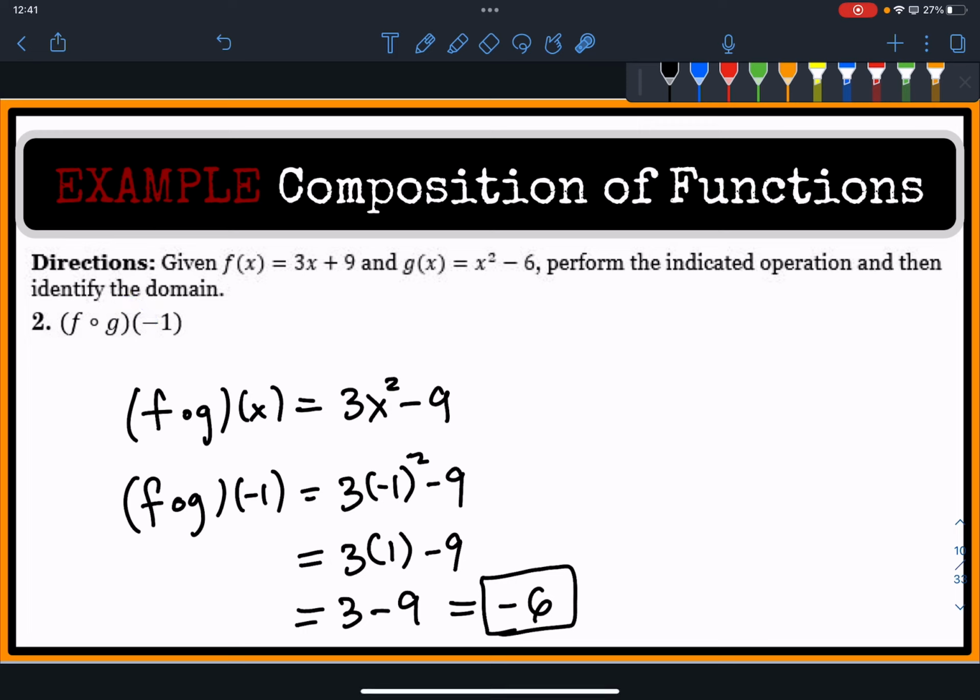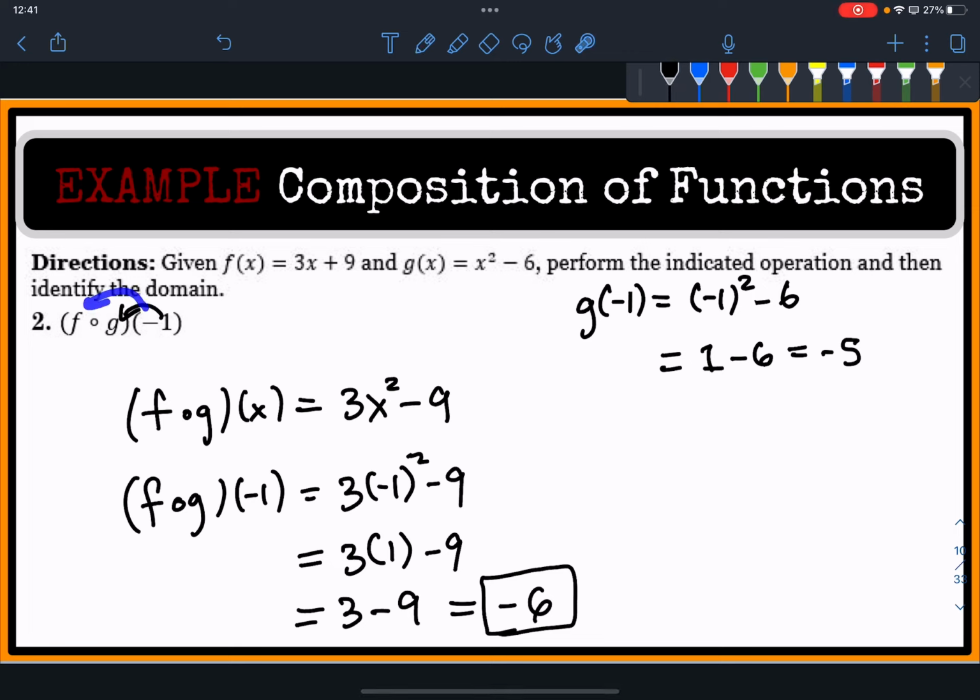in order to do that, I would first have to plug the -1 into the g, and then plug that answer into the f. So then I would have to plug this into the f.